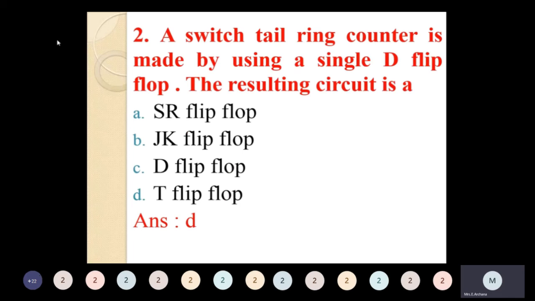The option is D. So it toggles the value, it will produce a toggle output. So the option is T flip flop. The resulting circuit is a T flip flop, toggle flip flop.